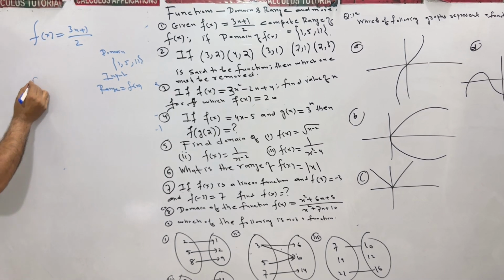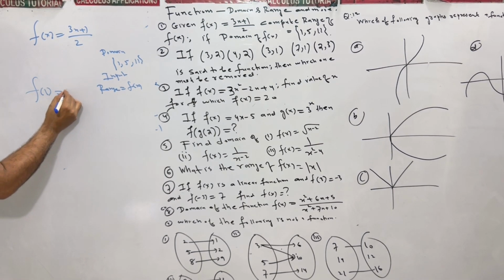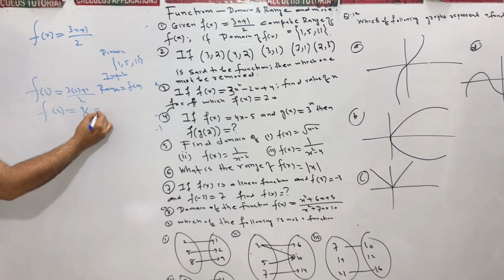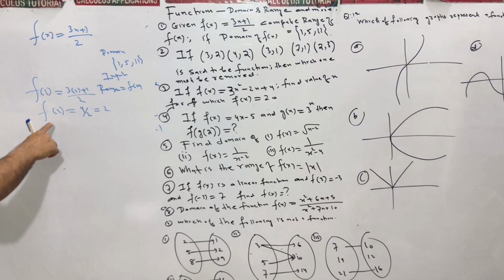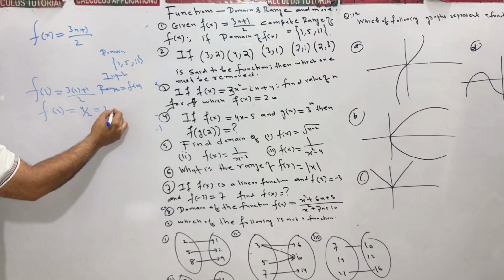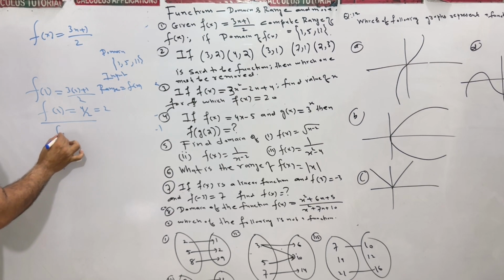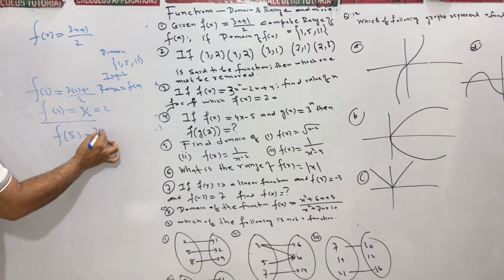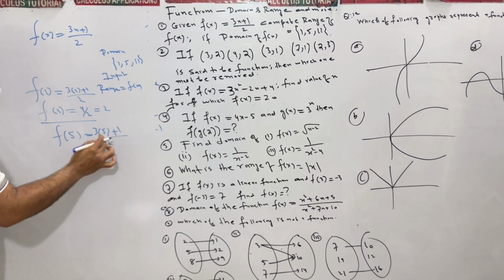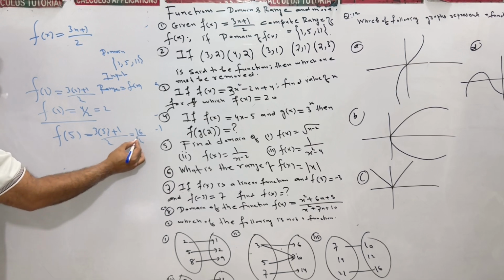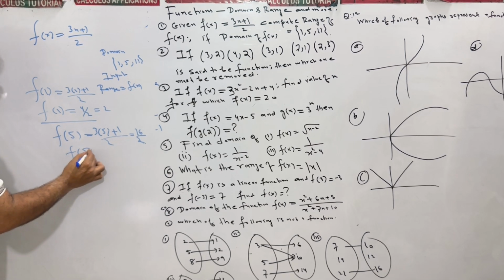Put f of 1: plug in 1, 3 times 1 plus 1 over 2, it becomes 4 over 2, which is 2. So the image of 1 is 2. What about 5? Plug in 5. 3 times 5 is 15, 15 plus 1 is 16, 16 over 2 means f of 5 is 8.